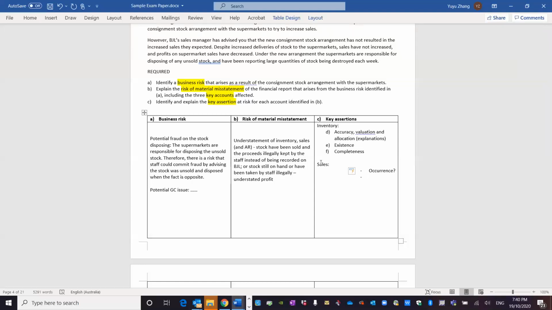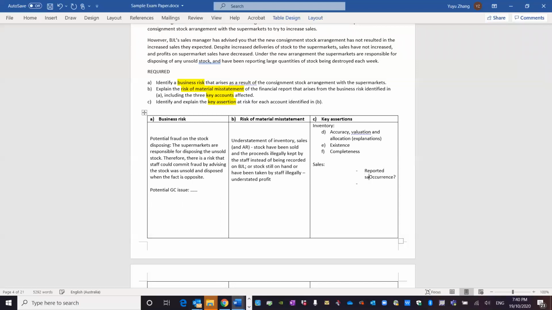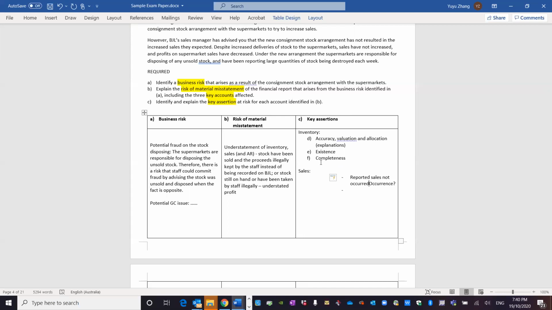So sales has occurred, but not recorded. Or the reported sales from the supermarket to you hasn't occurred. So like, okay, reported sales not occurred.